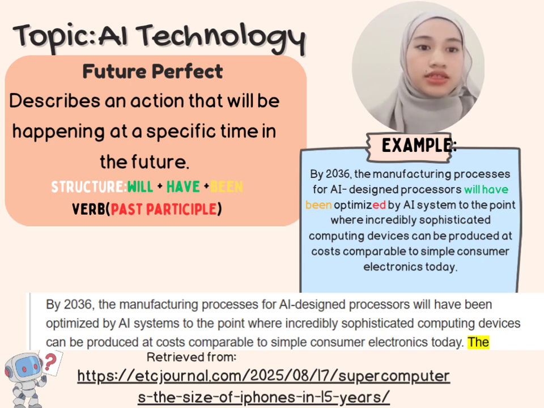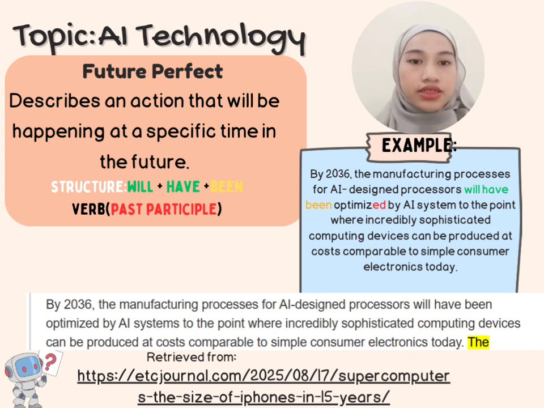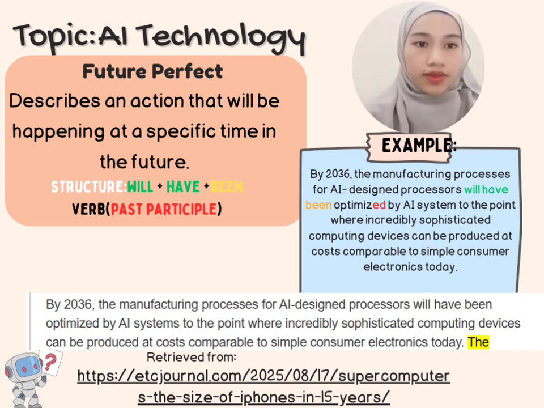In this sentence, the verb phrase is will have been optimized. Will is the auxiliary verb, have been is a helping verb, and optimized is the main verb in past participle. This example was retrieved from an article in Education Technology and Change with the title Supercomputer the Size of iPhone in 15 Years.